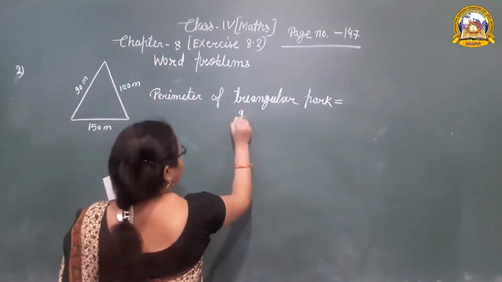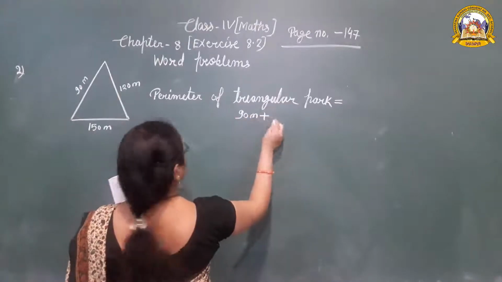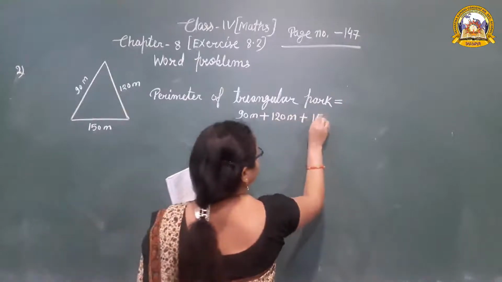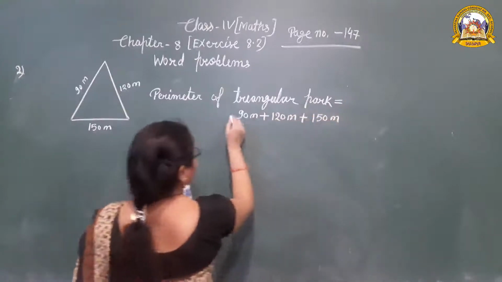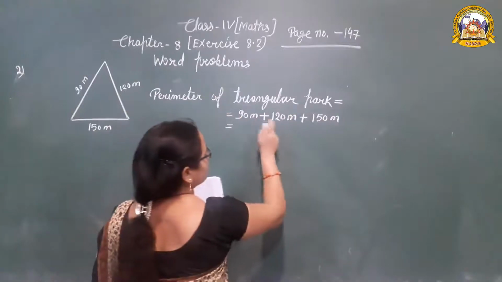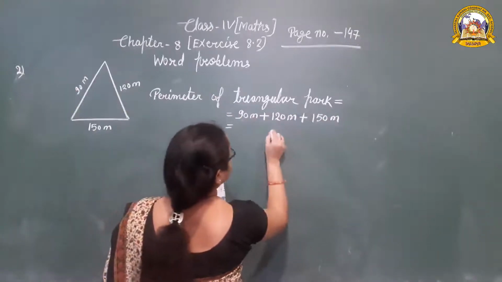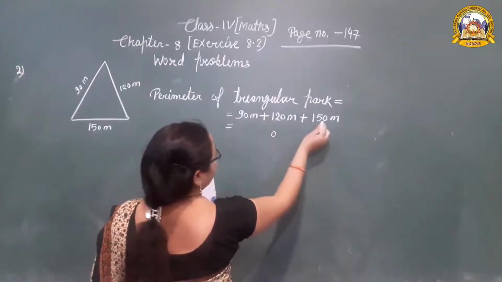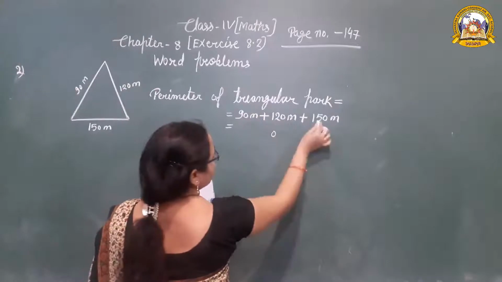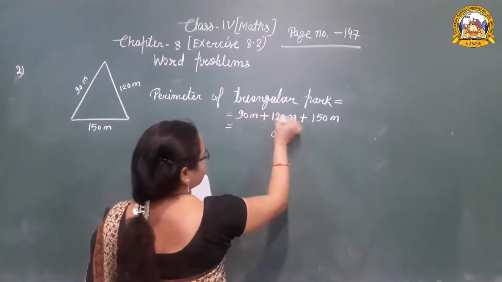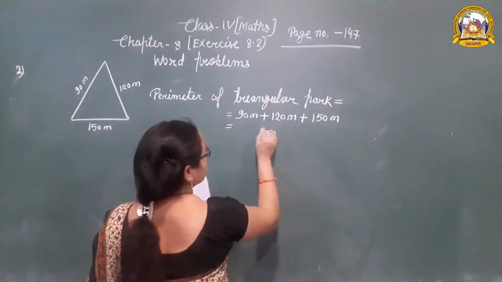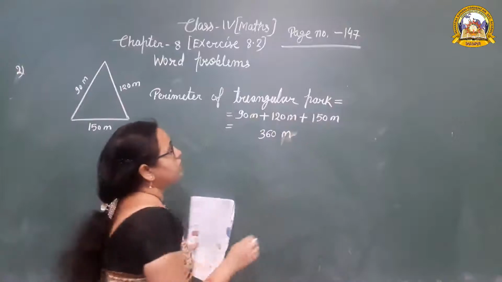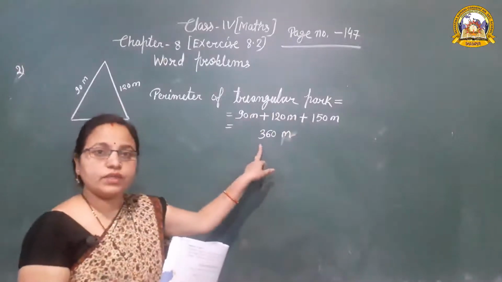It means 90 meter plus 120 meter plus 150 meter. When we add all three numbers, 0 plus 0 plus 0 is 0, 5 plus 9 is 14 plus 2 is 16, carry 1, 3. So 360 meter. It is the perimeter of the triangular park.